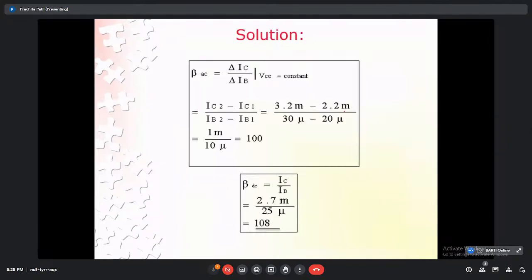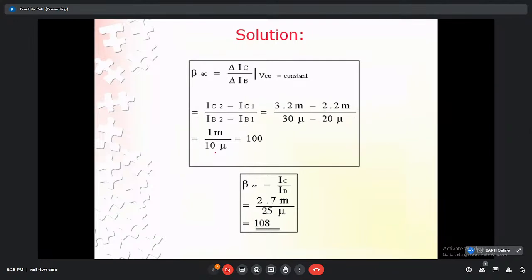So let us see how we calculate beta AC and beta DC. Beta AC is equal to delta IC upon delta IB for VCE constant. So we have IC2 minus IC1 upon IB2 minus IB1, which is equal to 3.2 milliampere minus 2.2 milliampere upon 30 microampere minus 20 microampere.